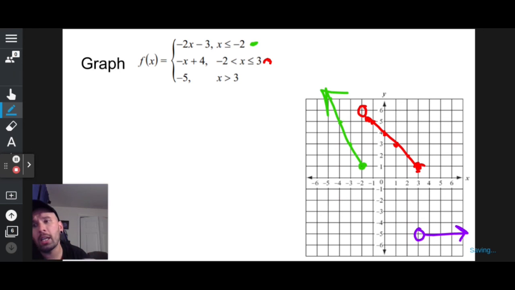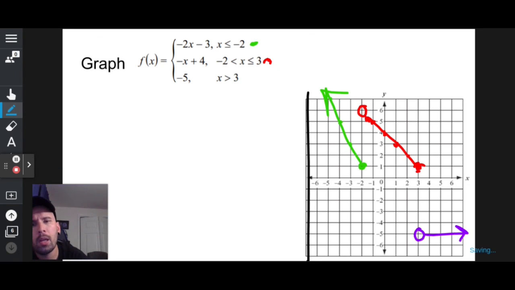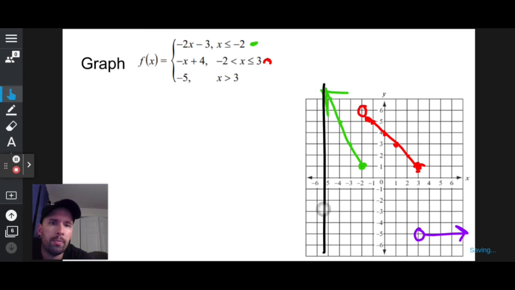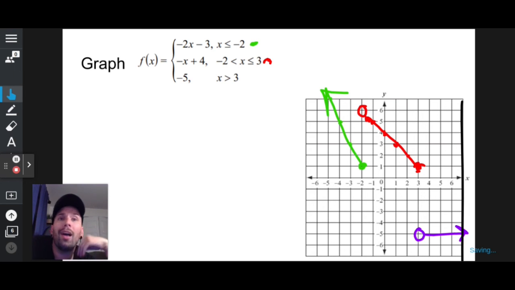If I were to take a perfectly vertical line, like that one, and do a vertical line test, it passes with flying colors. 3 colors.